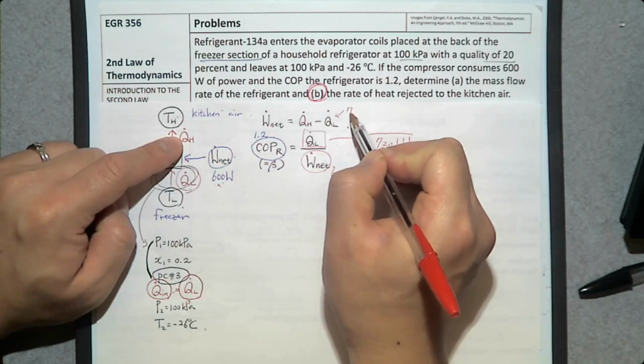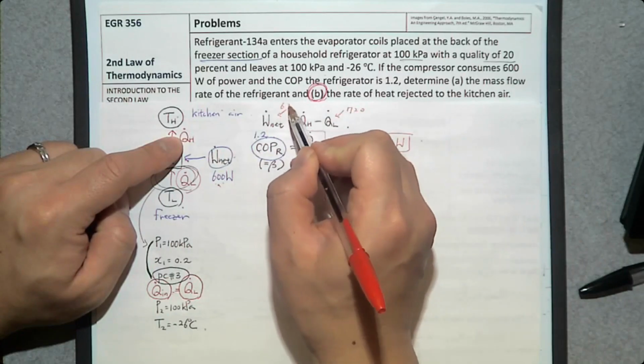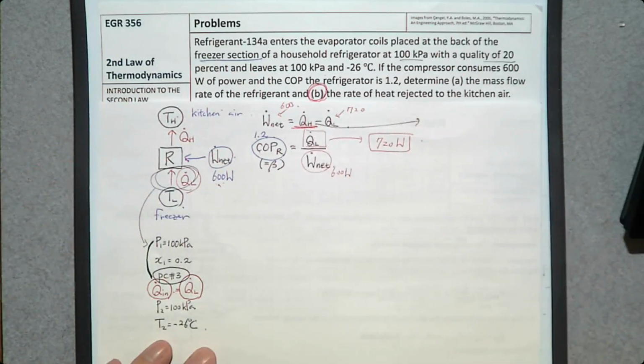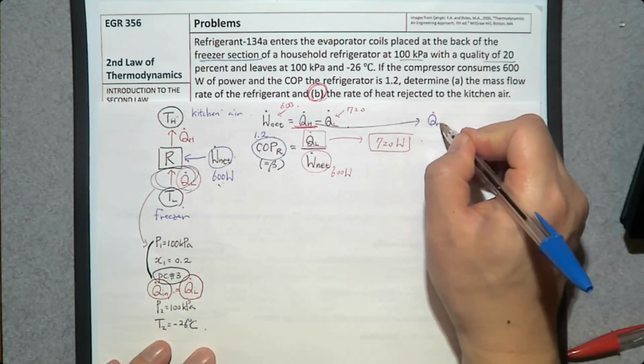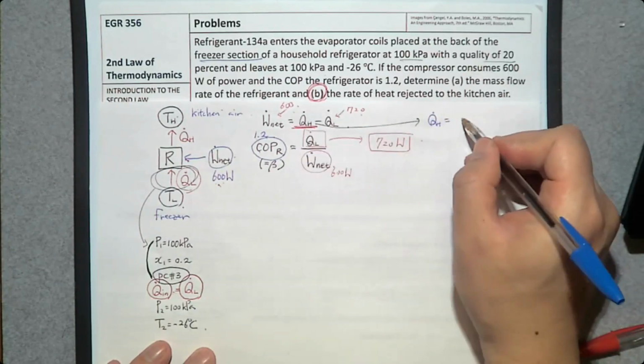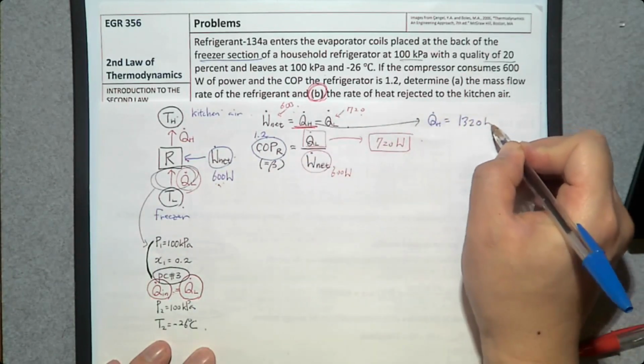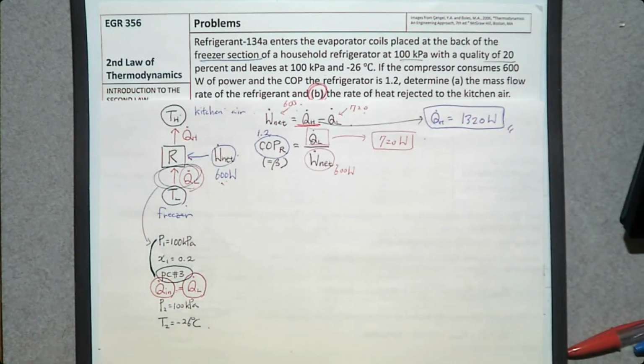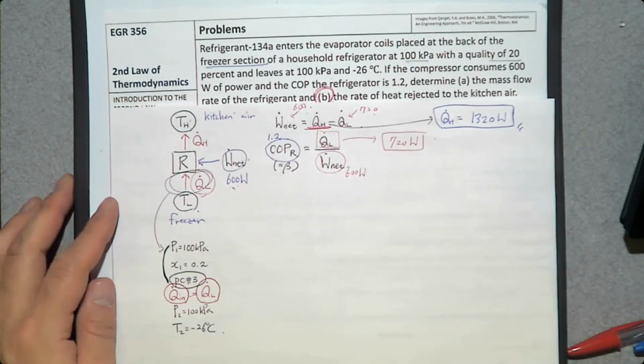So this one is 720. This one is 600. So from this, Q dot H is going to be this one plus this one, 1320 watt. This is the rate of heat transfer from the refrigeration system to the outside, which is the air in the kitchen. Then let's determine the mass flow rate of the refrigerant.